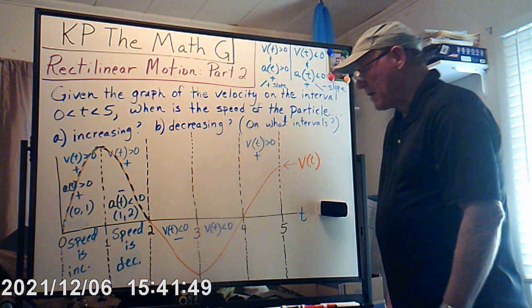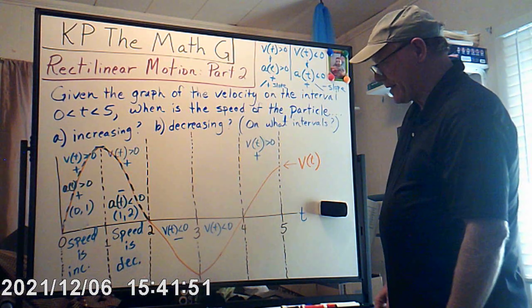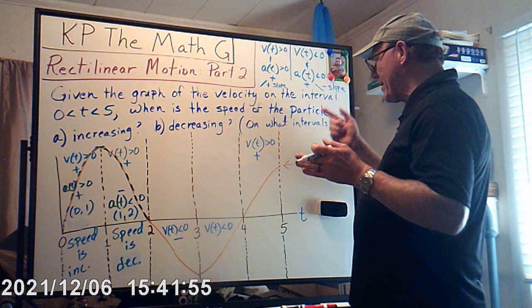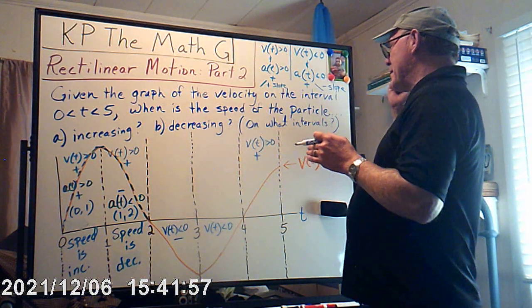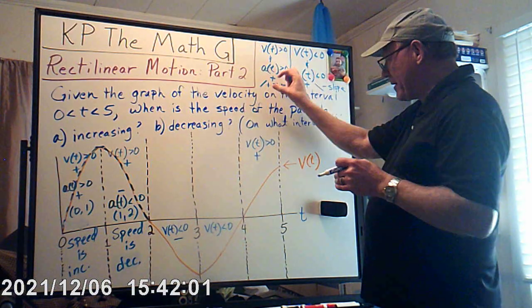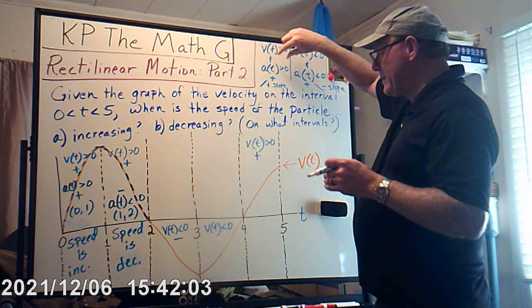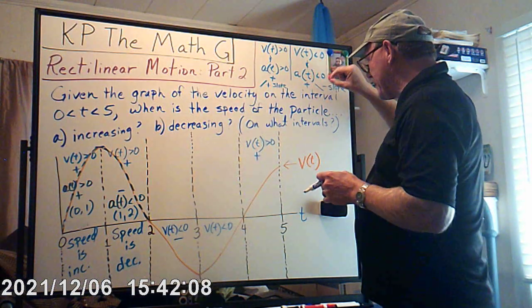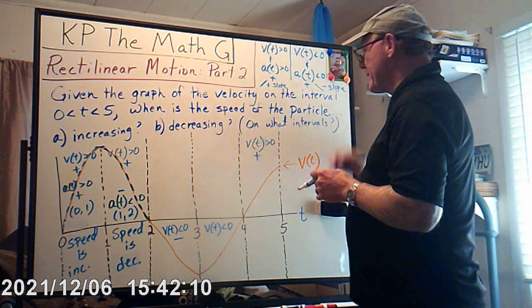Now, how do we know the acceleration would be increasing or decreasing? If the slope is positive, the acceleration is greater than 0. If the slope is negative, the acceleration is less than 0.